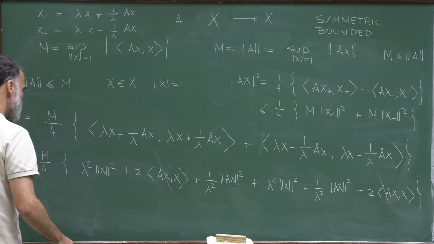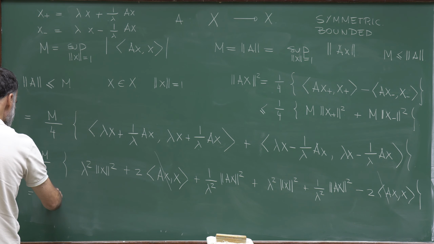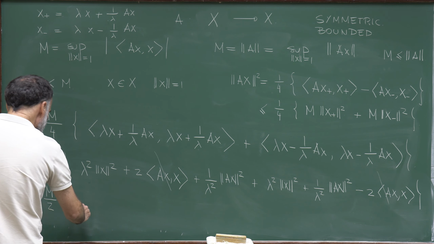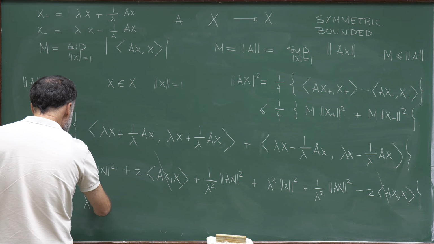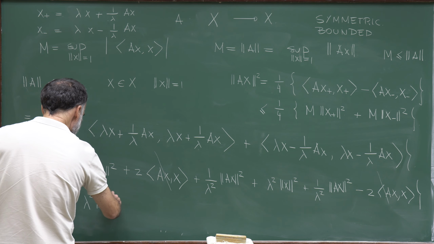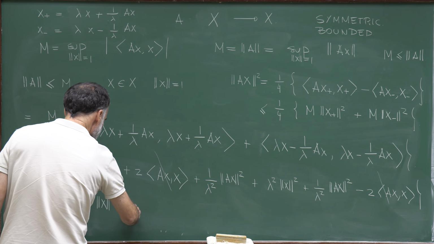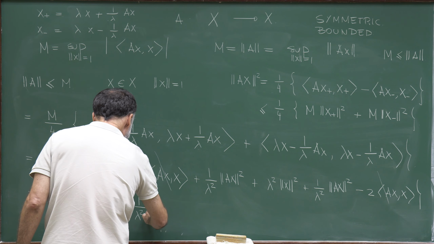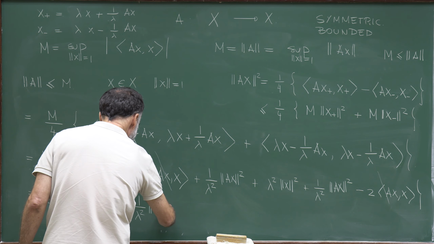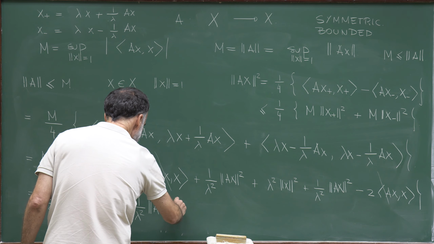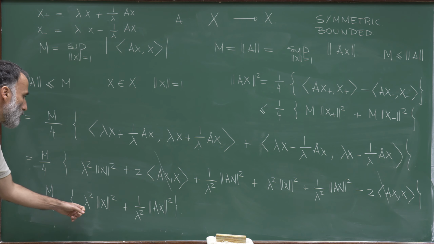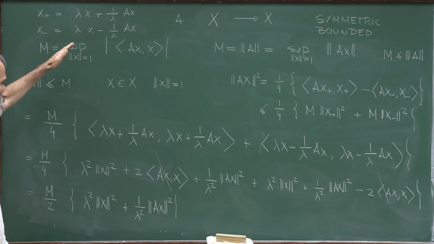So if I take the 2 out, this is equal to m divided by 2 times lambda square x square plus 1 over lambda square ax square. And here, remember, lambda is a real number which is arbitrary.